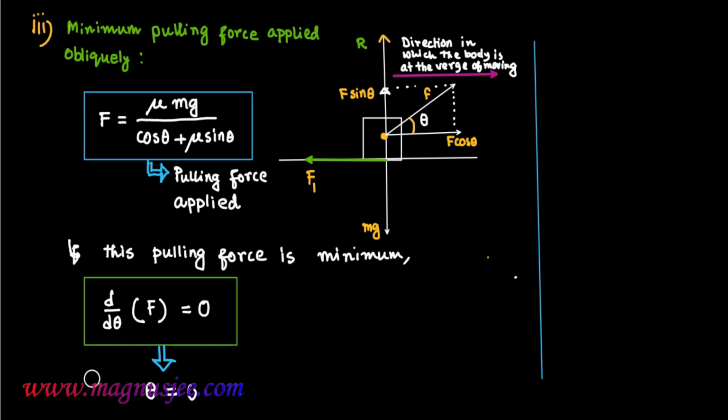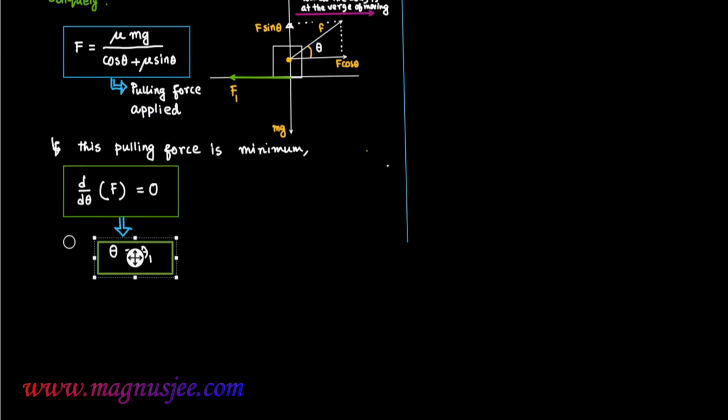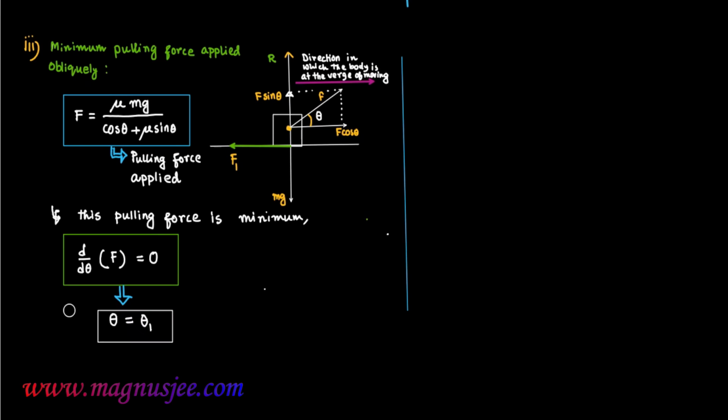And from that we can prove that theta is equal to theta L, means angle with which the pulling force is applied with the horizontal on the body will be equal to angle of friction, where theta L is the angle of friction.